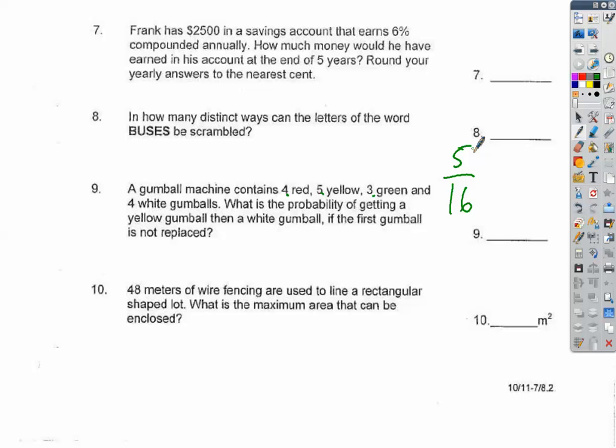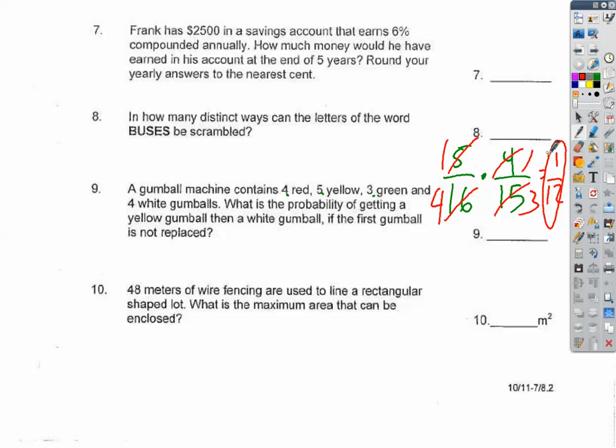And then my next one is going to be getting a white gumball. So then I have 4 white gumballs, and I have 15 gumballs remaining. Because remember, 1 gumball was taken out. So I'm going to reduce this. 1 times 1 is 1. 4 times 3 is 12. So you have a 1/12th chance of having that combination of gumballs taken out.